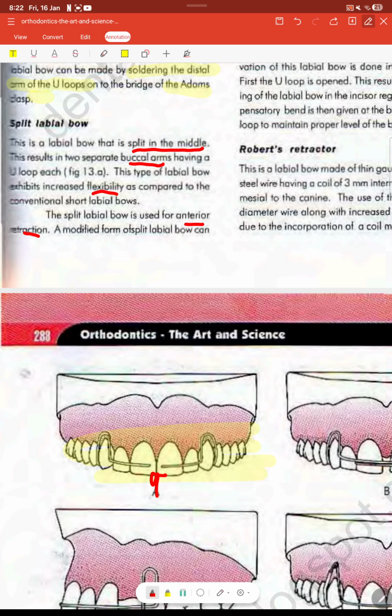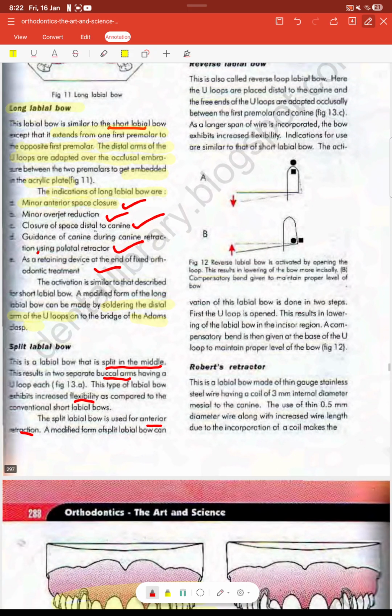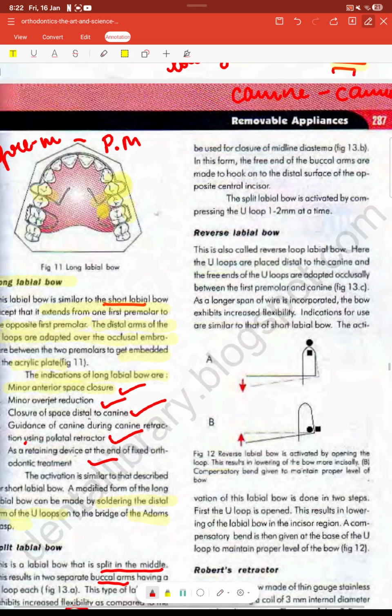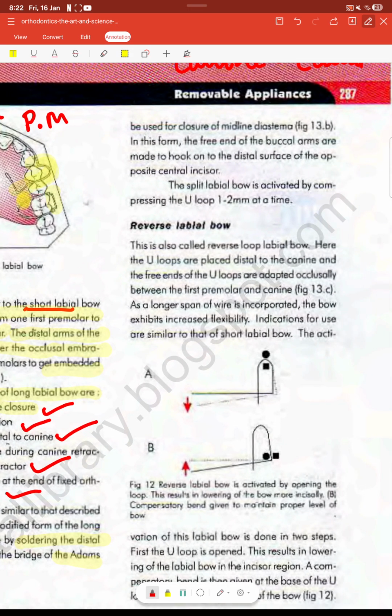A modified form of the split labial bow can be used for the closure of medial diastema. In this form, the free ends of the buccal arms are made to hook onto the distal surface of the opposite central incisor.